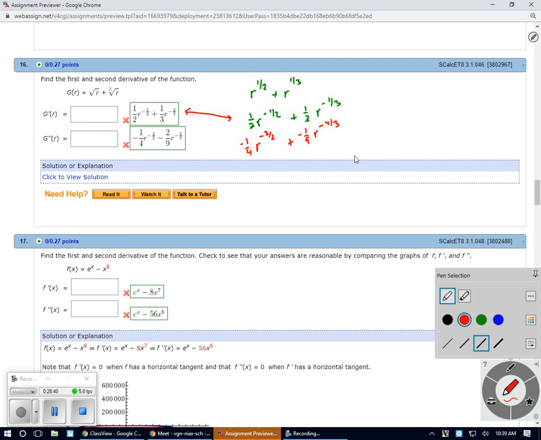Whoops, that should have been negative 2/3, shouldn't it? I subtracted 3/3, that should be negative 2/3. So you get negative 5/3.